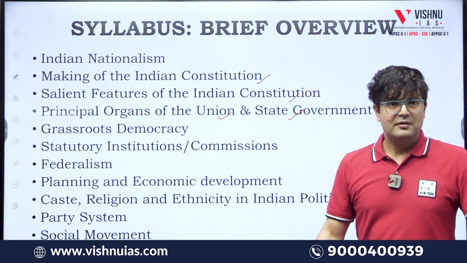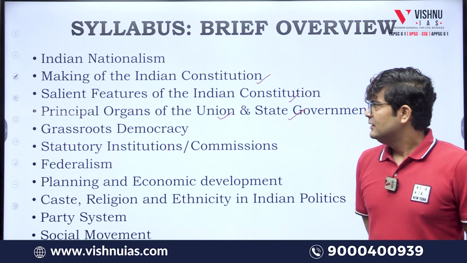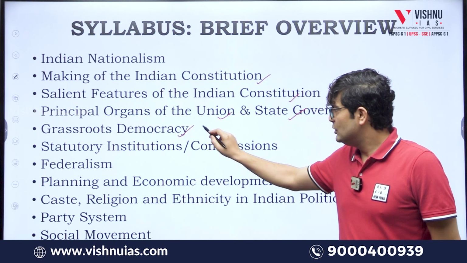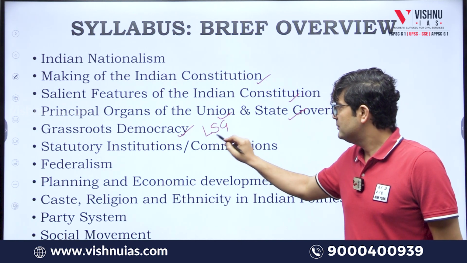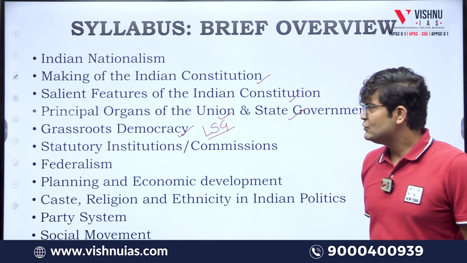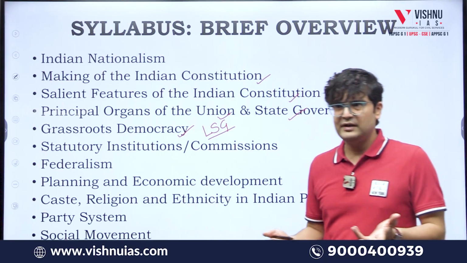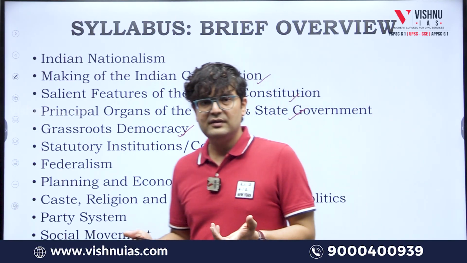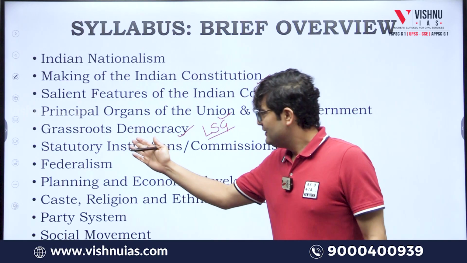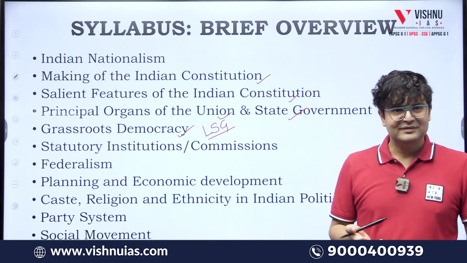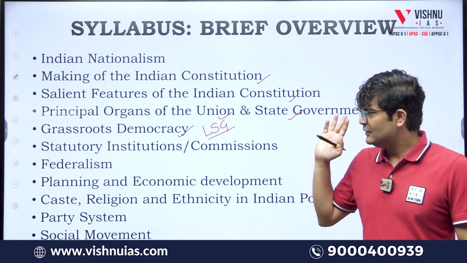So the parliamentary structure that you have to cover. Then grassroots democracy, the local self-government, just like polity. Then statutory institutions, commissions like ECI, NCW, NCM, right? Bodies like NHRC, Finance Commission, CAG, exact polity syllabus. And then federalism, center-state relations, again the overlap.